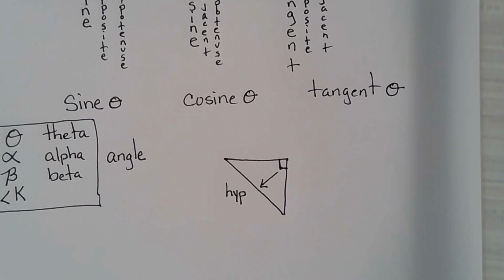And then, in order to know where the opposite is, you have to start by knowing what angle you're talking about. So the sides are marked in relation to the angle.